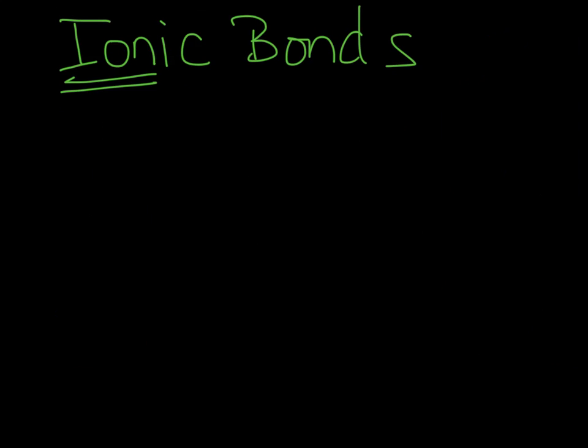Now, ionic bonds. Remember that the first part of that word is ion. So these are going to be ionic bonds that are created between different ions of different elements. An ionic bond is the force of attraction between positive and negative ions. An ion with a positive charge is going to be attracted to an ion with a negative charge, and they're going to create that bond between them.